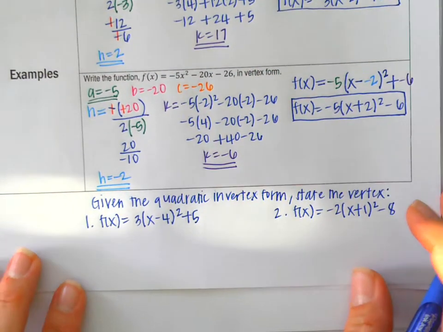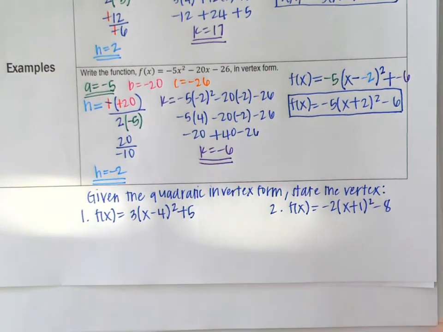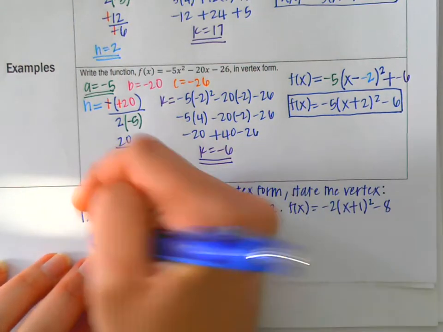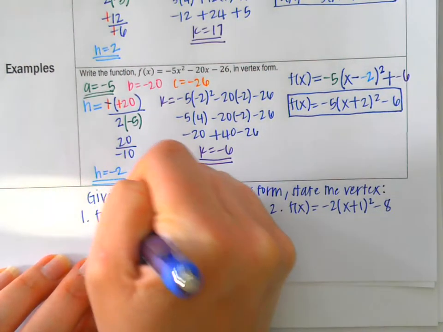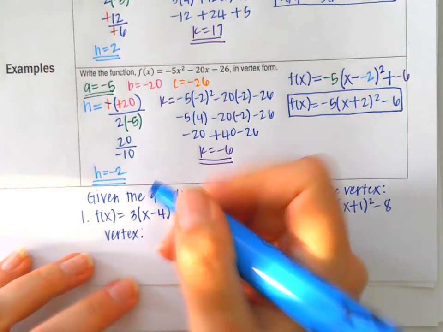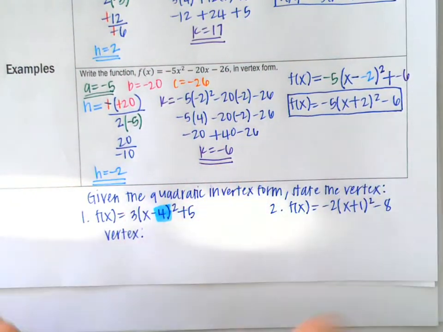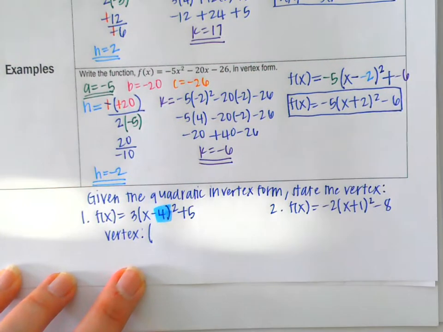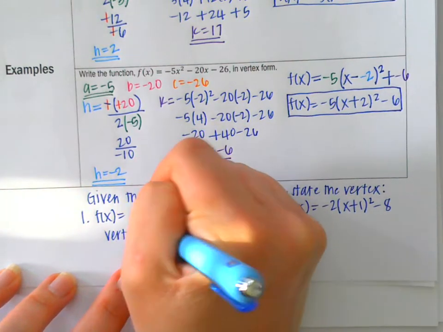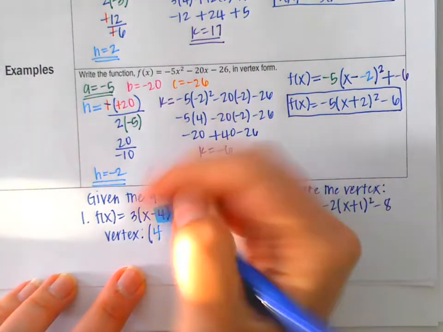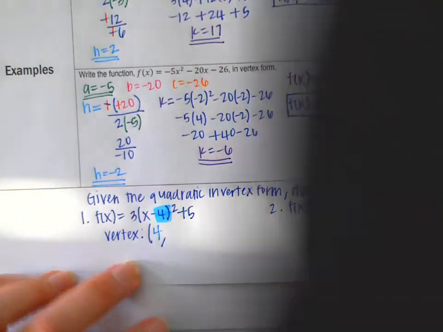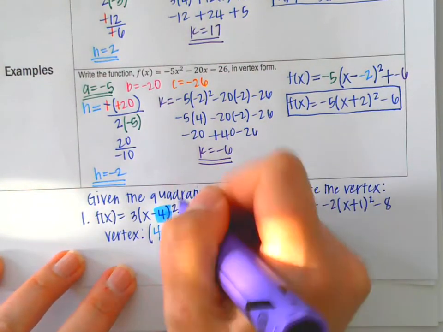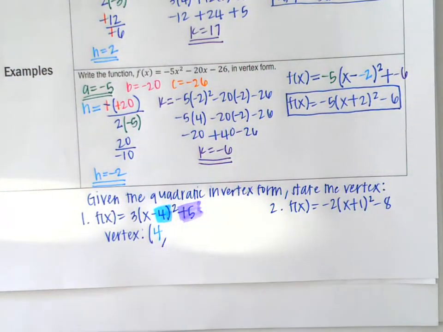Okay, so looking at those, we want to identify the vertex. So the vertex here, H, remember H is looking at the opposite. So if it's a -4, H here is going to be a +4. And then K, this outside number, is looking at positive 5, and it keeps that sign.